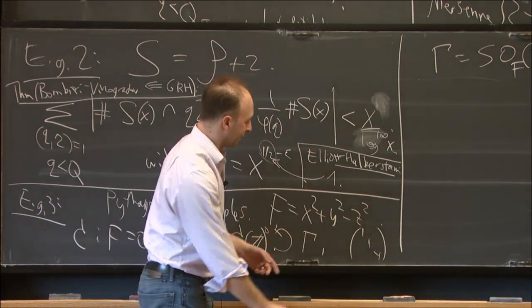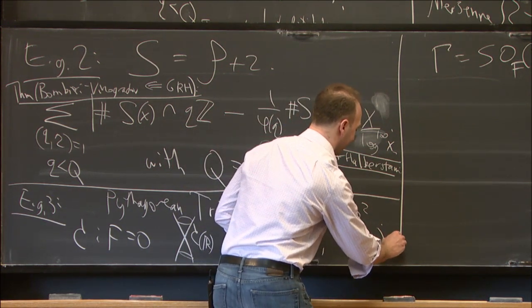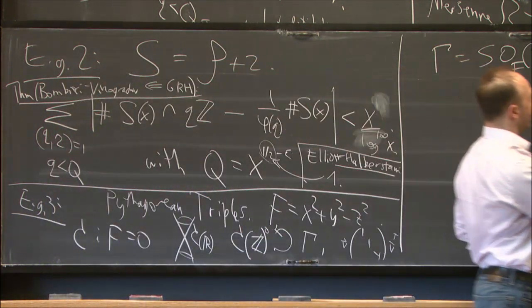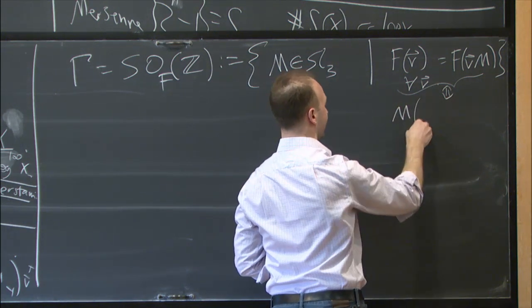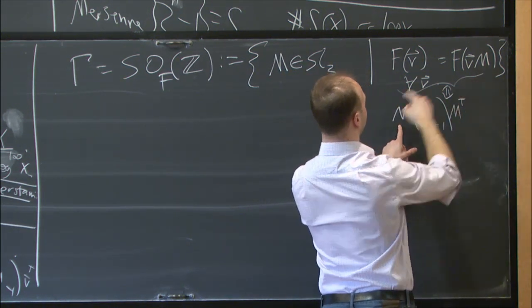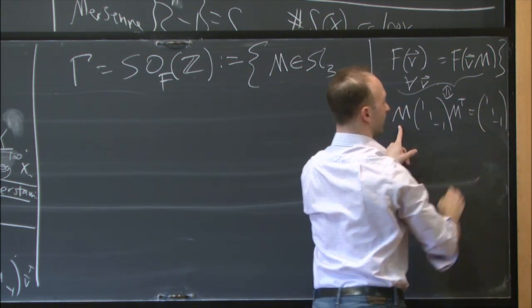How do I compute f of v? I just multiply by v on the right and by the transpose on the left. So this is equivalent to m diag(1, 1, -1) m transpose equals diag(1, 1, -1).